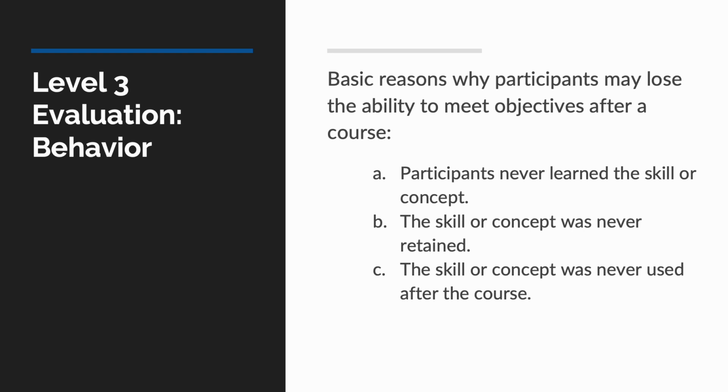It's important that the information is retained, but typically it needs to be used after the course. And that's the third bullet point. The skill or concept must be used after the course. If we are teaching any type of training information to a user and it is not utilized, it will likely never be retained. So, in consideration to evaluation of behavior, this is a method that is used to determine if the actual training program is beneficial for the users.